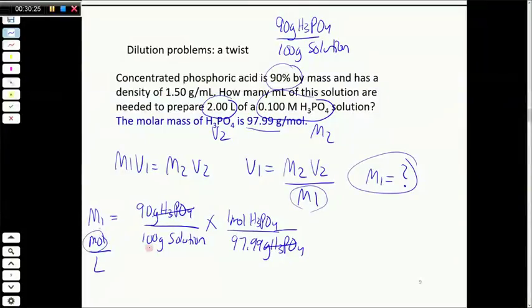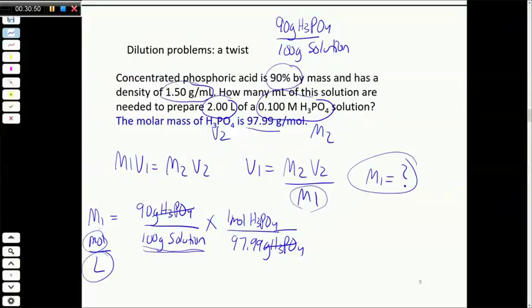But now we have to figure out how to change 100 grams of solution, which is our denominator at the beginning, into liters of solution, which is what we need to be able to determine molarity. So to do this one, we can think about this relationship here of density. We haven't used density a lot, but it's one of those topics that was assumed that you would have already known from previous chemistry or other science courses.